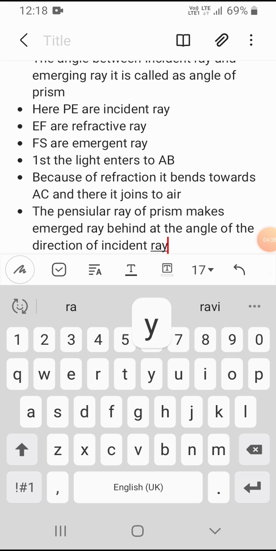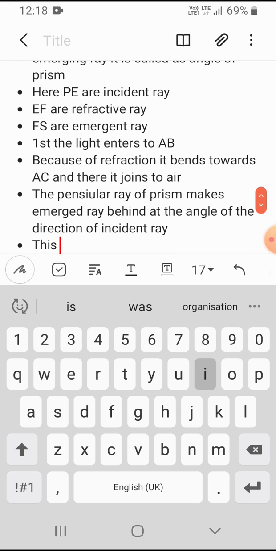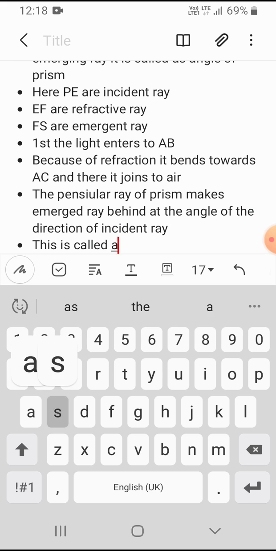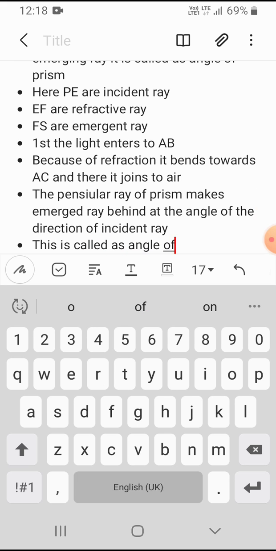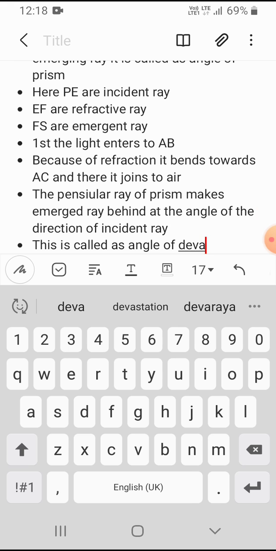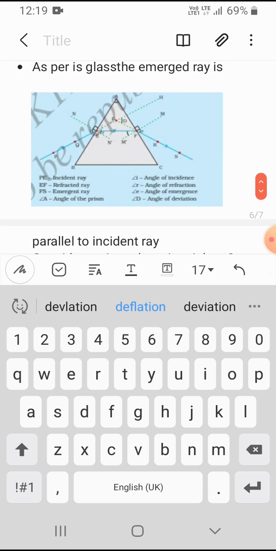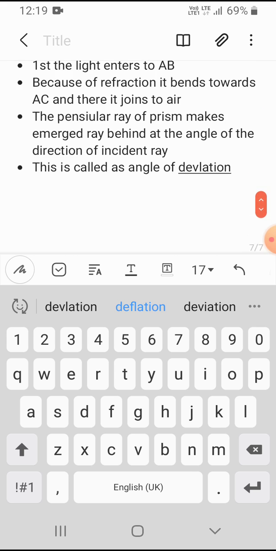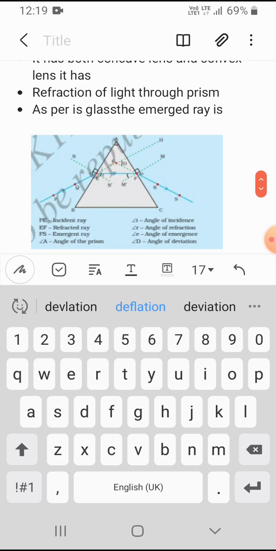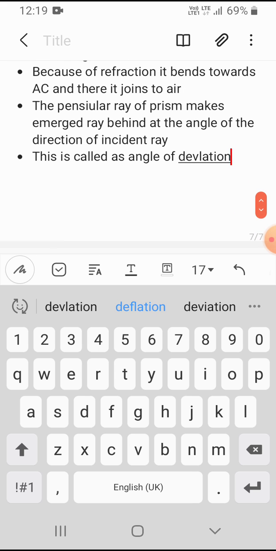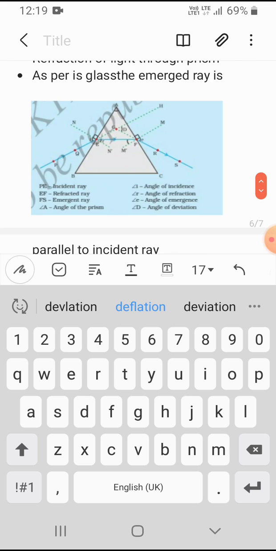This is called the angle of deviation. See here, angle of deviation D. It is joining the incident ray and the emerged ray.